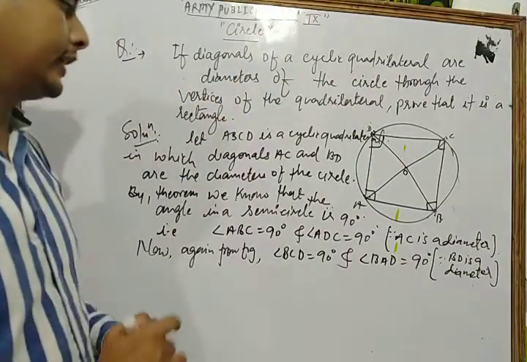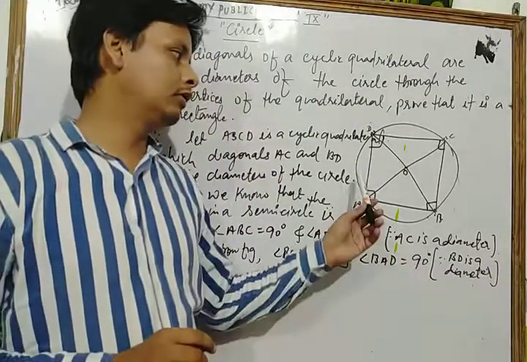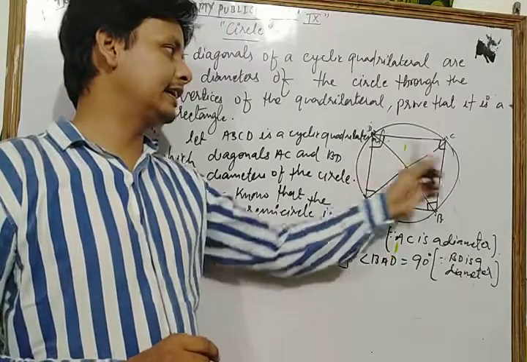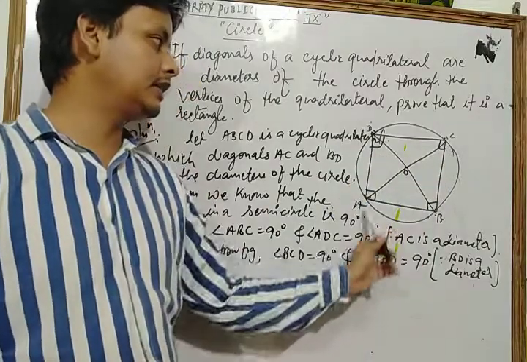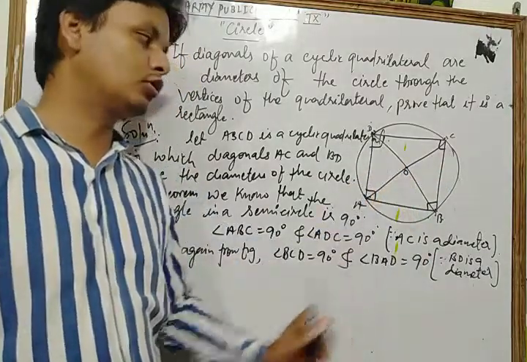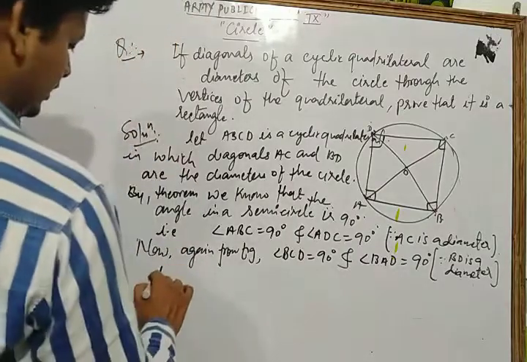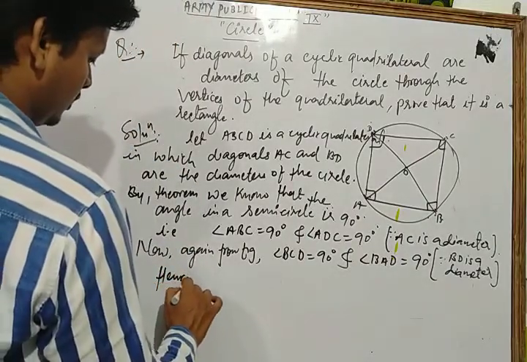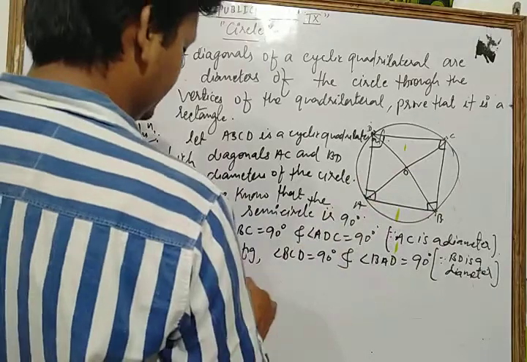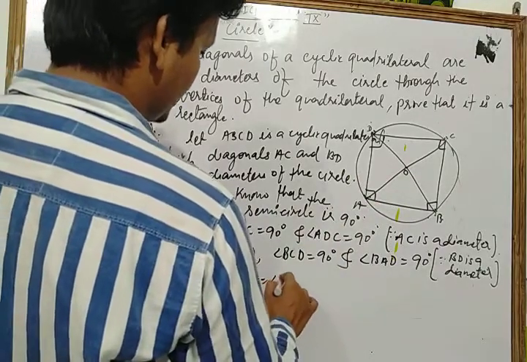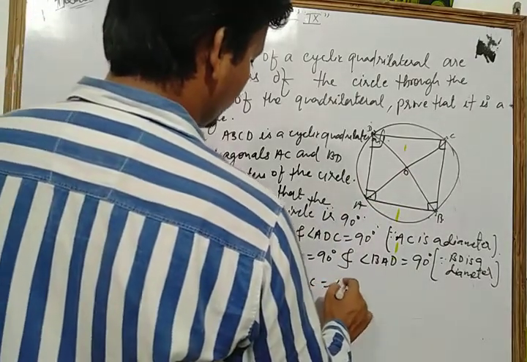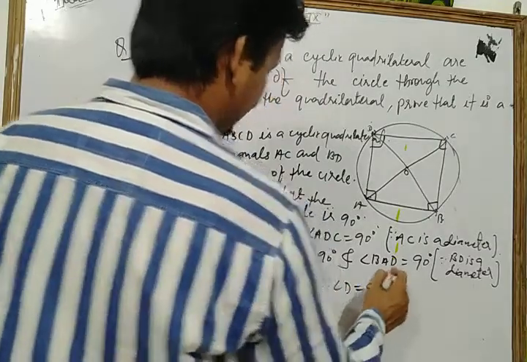Now, according to the theorem we have angles ABC and ADC equal to 90, as well as angle BAD and angle BCD equal to 90. Hence angle A equals angle B equals angle C equals angle D, each equal to 90 degrees.